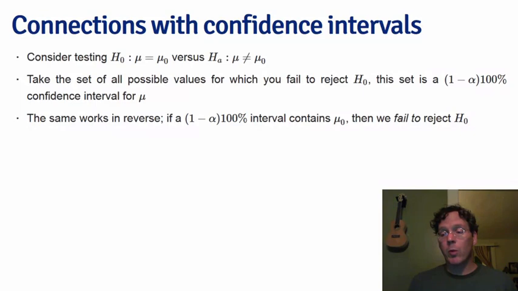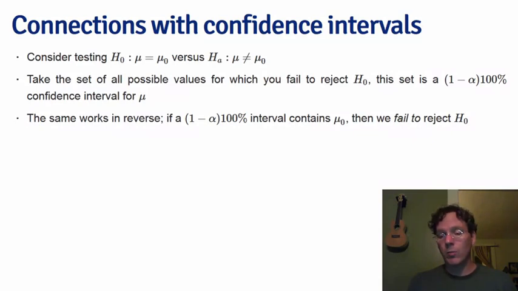You might be wondering whether or not those two statements could ever disagree, and it turns out that no, they can't. Checking whether or not mu naught is in the interval is identical to performing the two-sided hypothesis test, with the caveat that the alpha that you used for the hypothesis test has to be equal to 1 minus the confidence level of the interval.